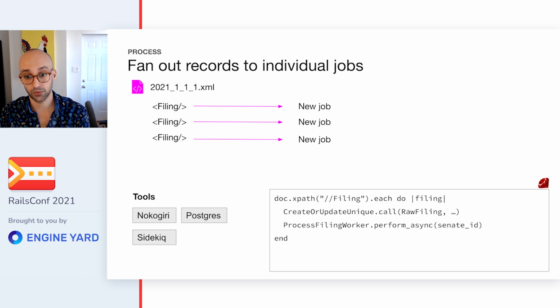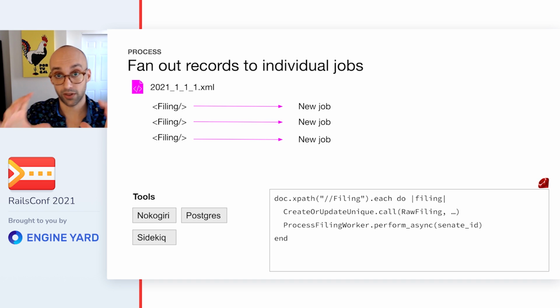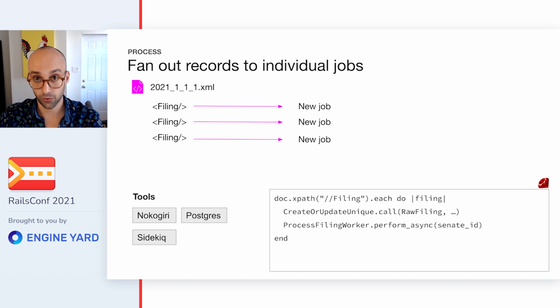And we want to, within the XML file, extract all of the filing elements. And again, we use Nokogiri to do this. Within the file, we loop through all the filing tags.